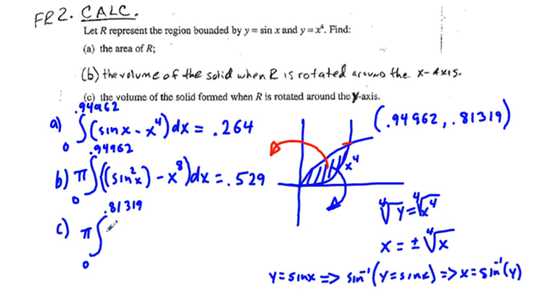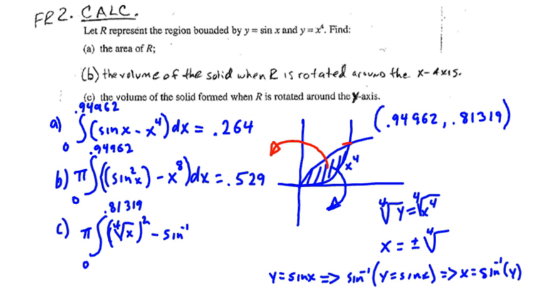So what we're going to have is the fourth root of y, squared, minus the inverse sine, that's of y. Y is your input here.